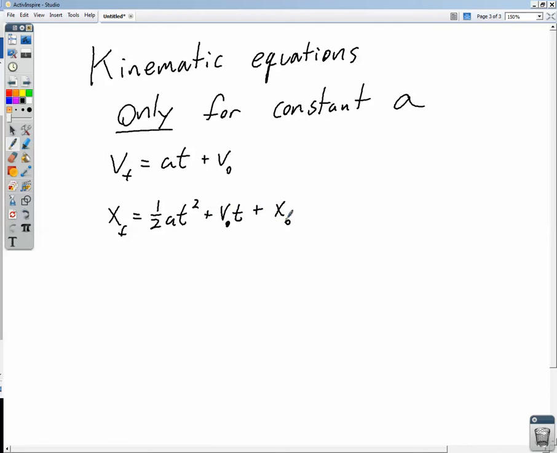Sometimes it's useful to have an equation that doesn't have time in it. So we can solve the top equation for time and plug that into the bottom equation. I'm going to do the algebra and show it to you on the next page. You can pause it and go through it if you'd like, and then we'll show the result.